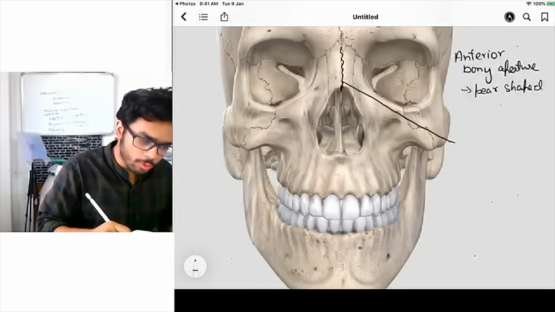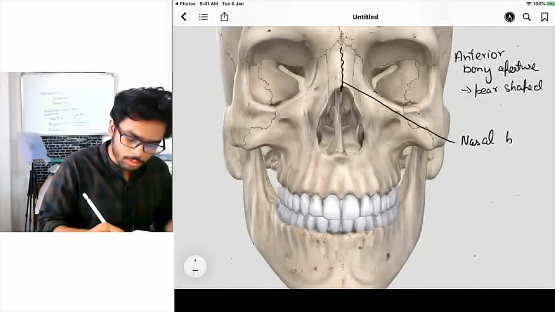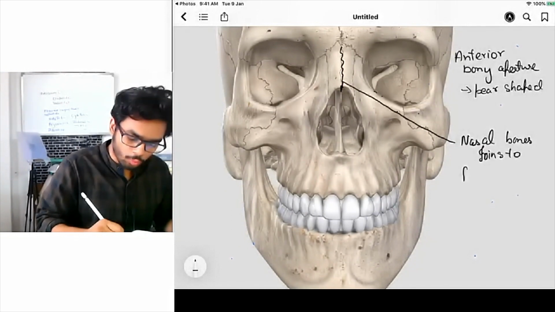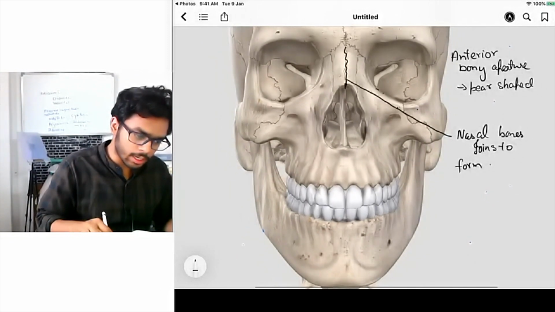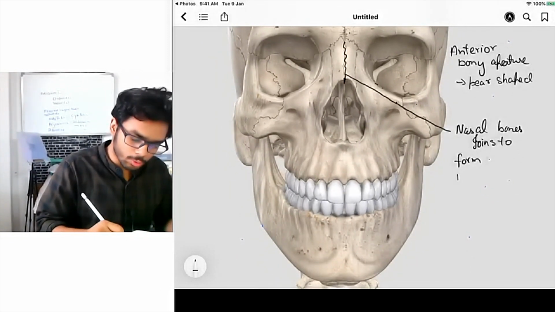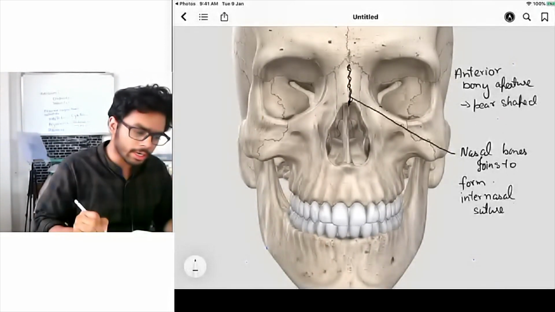The opposite bone, that is nasal bone. Nasal bones join to form the internasal suture. Am I clear? So here you have the internasal suture.